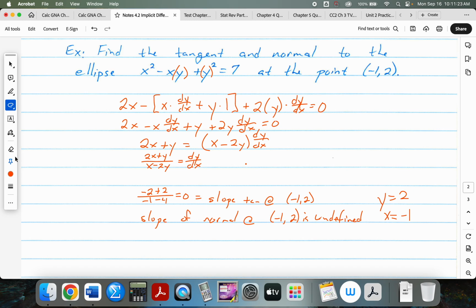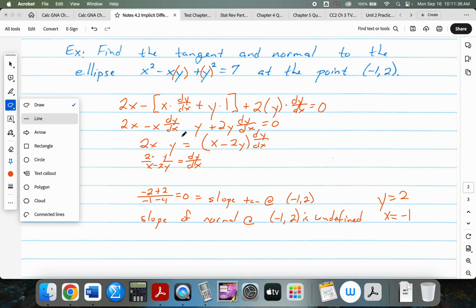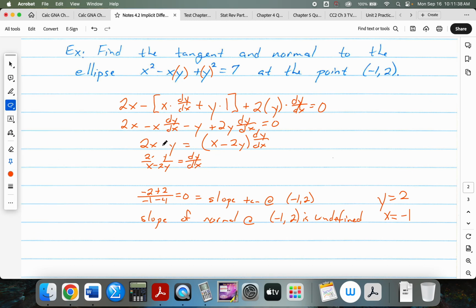Did you see it? I forgot to distribute the negative sign here. That's minus y. So then it's not 0.